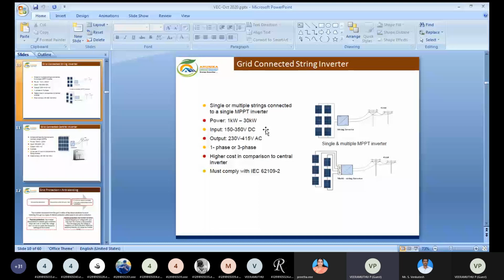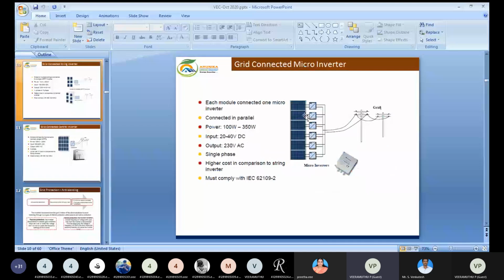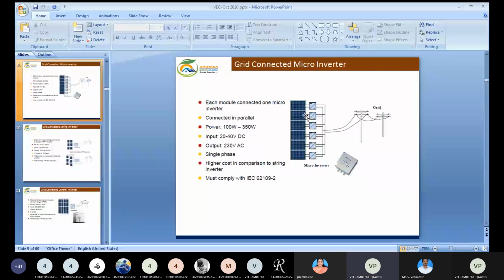So this is the input voltage. In micro inverters, each panel output will be 30 volt at maximum, 36 without load. Here three panels are connected in series.